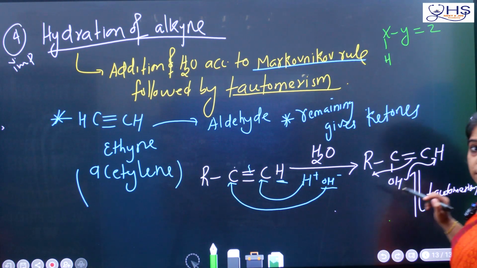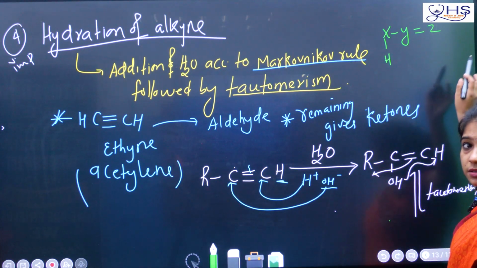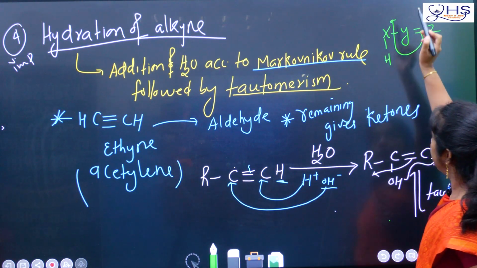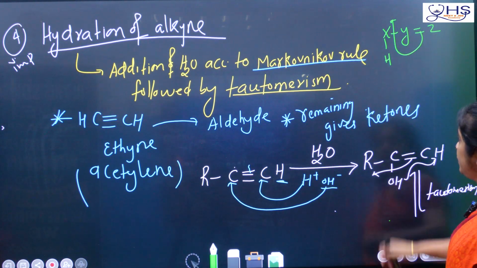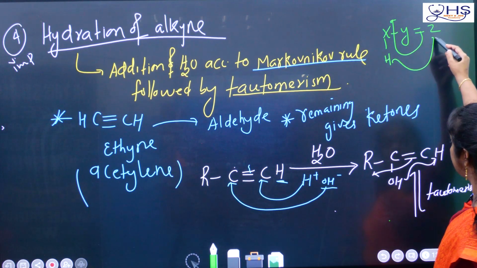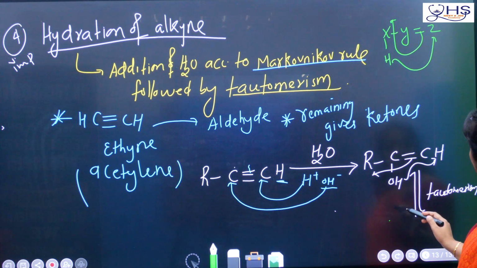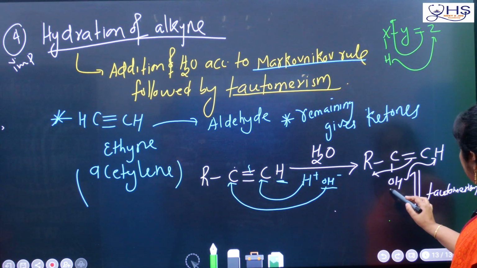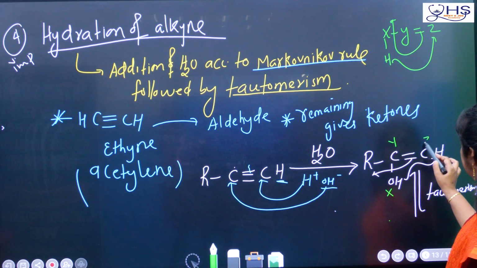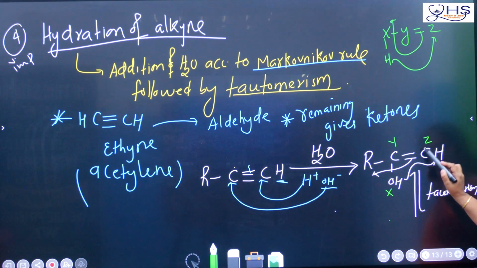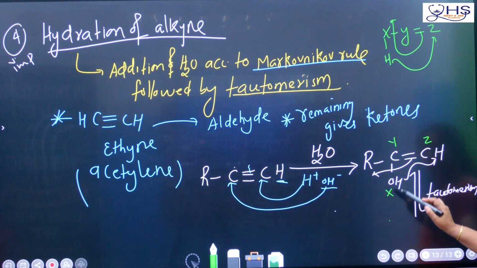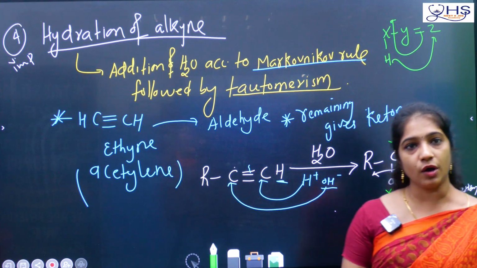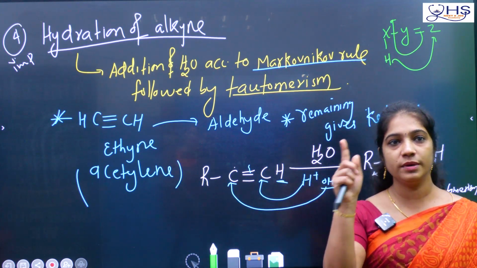Then the double bond between Y and Z I shift between X and Y, and the hydrogen of X I give to Z. So in the case of hydration of alkyne, the OH is always what you make X.